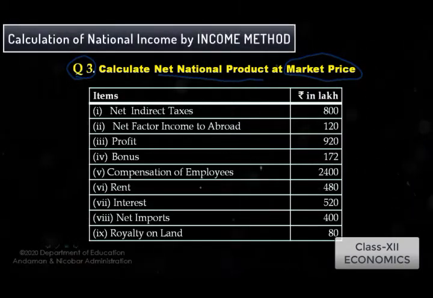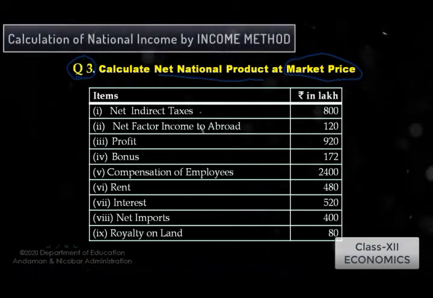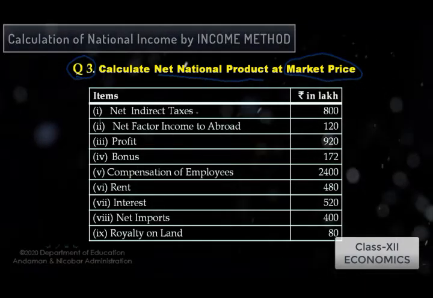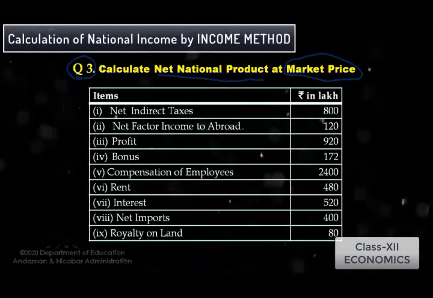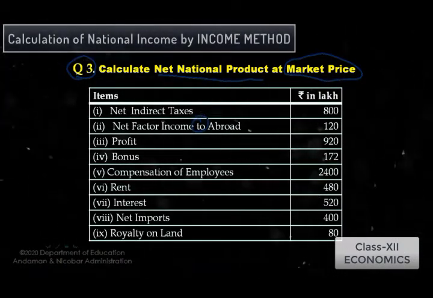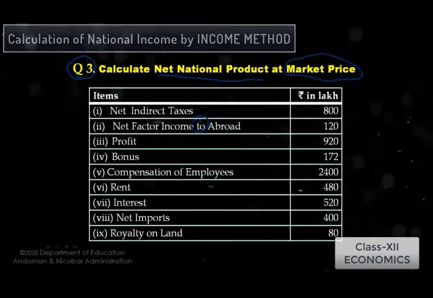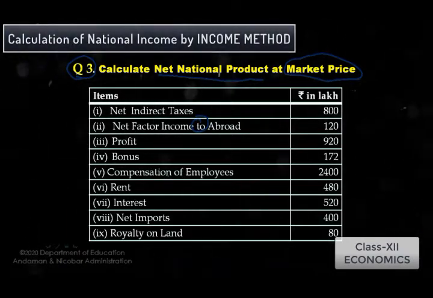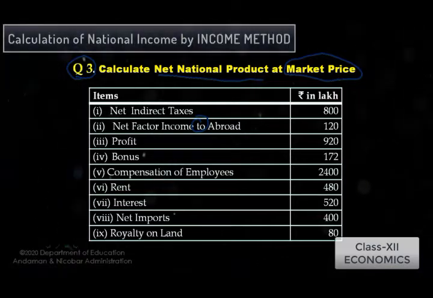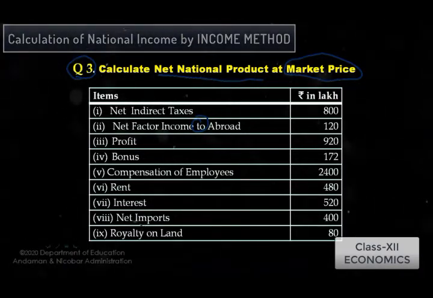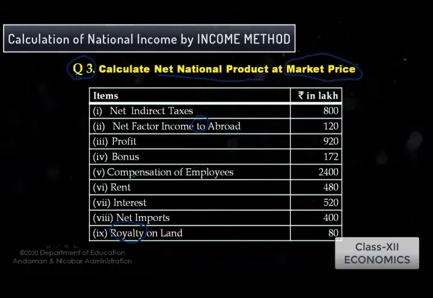The items given in the question are: NIT, that is net indirect tax, is given, and along with that the NFIA, that is net factor income to abroad, is given in this question. That should be kept in mind while calculating the national income. Along with that we have one more thing given in the question, that is the royalty on land.